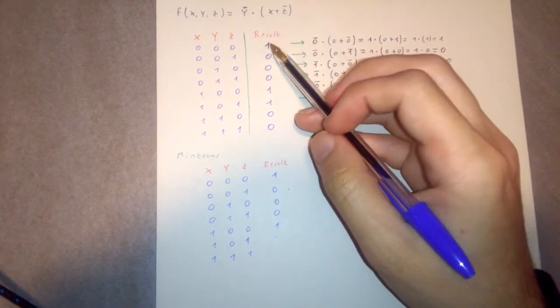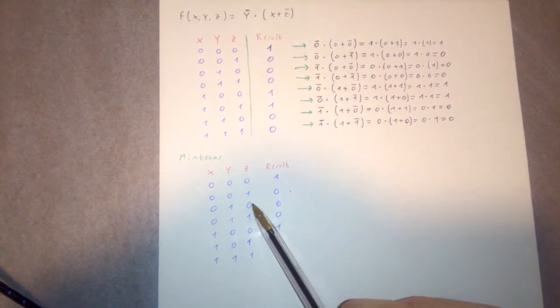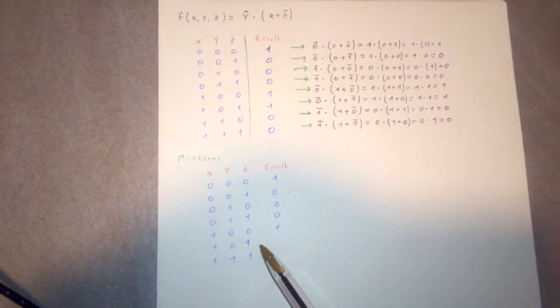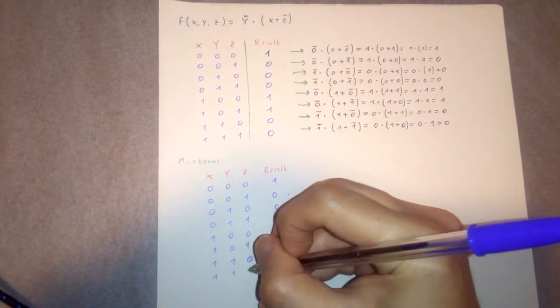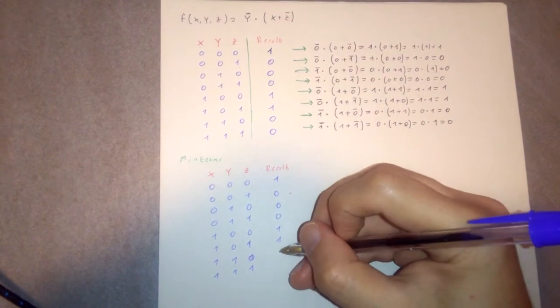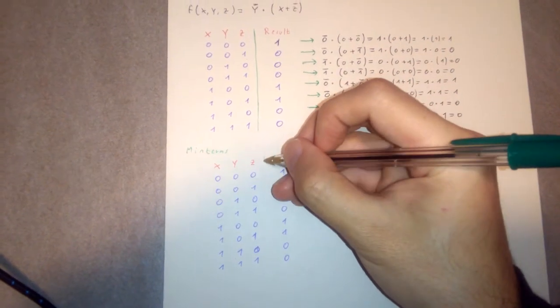Did I get it right? 1, 0, 0, 0. Oh, I got it wrong. 1, 0, 1, 1, 1, 0, 0, 1, 0, 1. Oh, 1, 1, 0, and 1, 1, 1. Yeah, that was a mistake. So 1, 1, and then 0, 0. Right, so we have the truth table back.